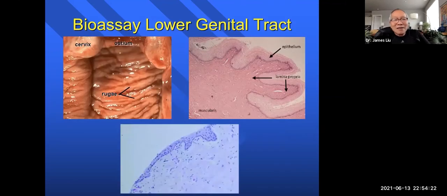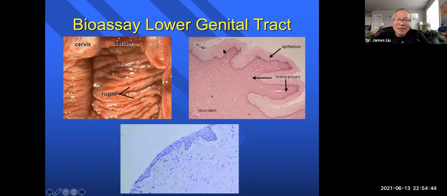And then the speculum exam should show you a well-rugated cervix and vagina in individuals that are well estrogenized, usually moist, and more ruby red rather than light pink that you see in menopausal women.